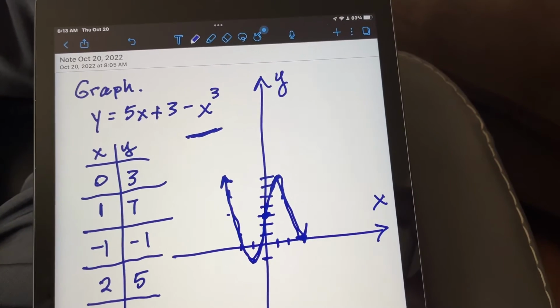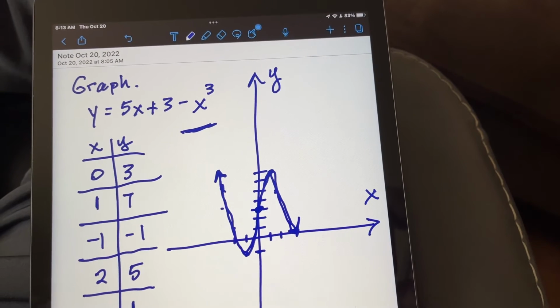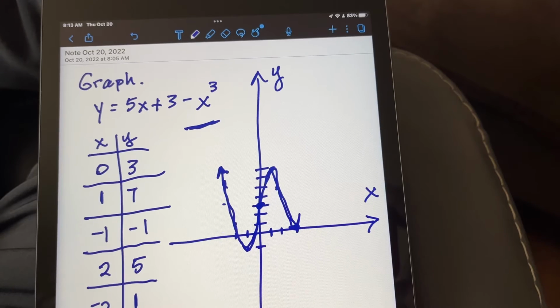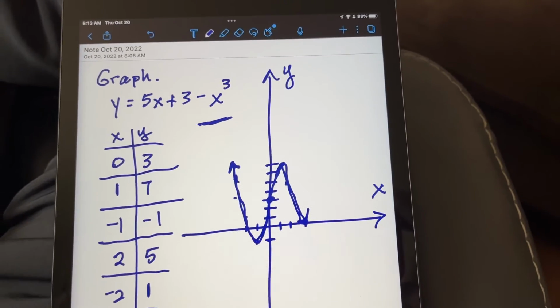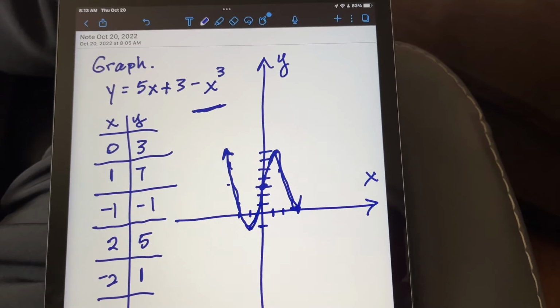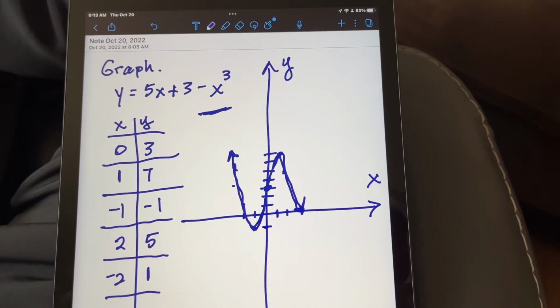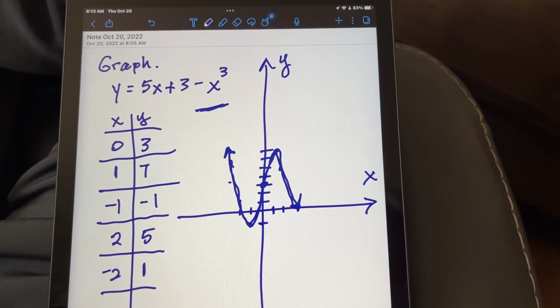You have a situation with odd exponents and a situation with even exponents, and it is very important that you learn those distinctions. I would take a picture of that chart in your textbook if you have one. If you don't, I would Google that, to have a chart that you can refer to.